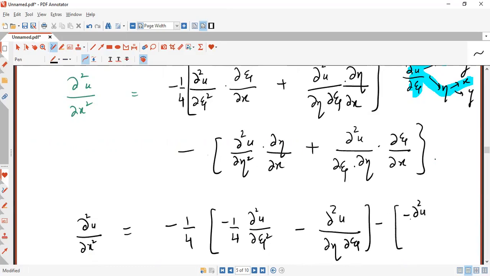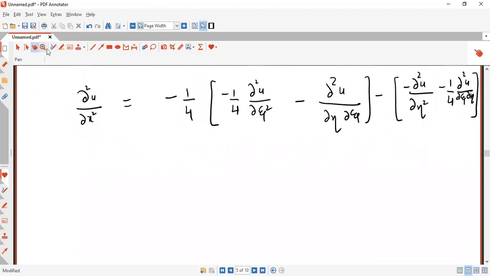Minus del square u by del eta square, and del y by del x is what? Minus 1 upon 4 del square u by del y del eta, right? Okay, so what we're getting, if you open it: 1 upon 16 of del square u by del y square, it will become plus 1 upon 4.